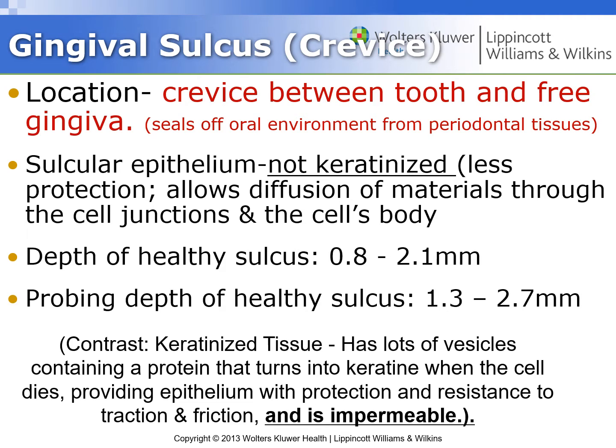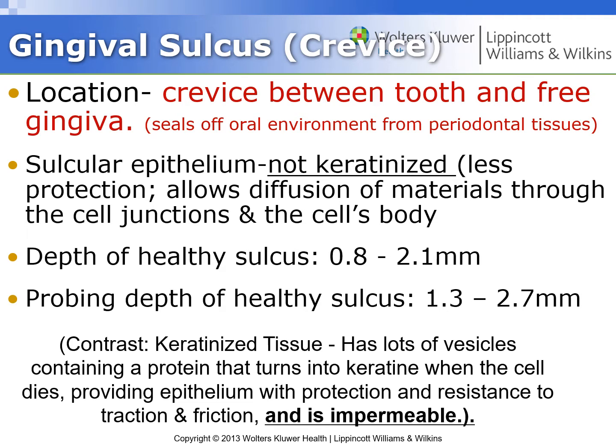It allows it to go into the sulcus. Sometimes this is a really good thing, because if you have an infection down in the sulcus, it will allow your leukocytes and all the things that are going to help come in there and try to fight off infection. It helps them to kind of soak into, kind of ooze into, the sulcular area.